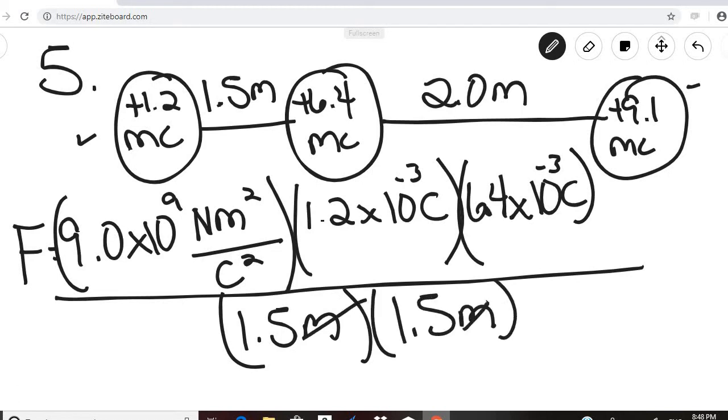Meters cancel, coulombs cancel, and the force for those two comes out to be 3.1 times 10 to the 4th newtons.